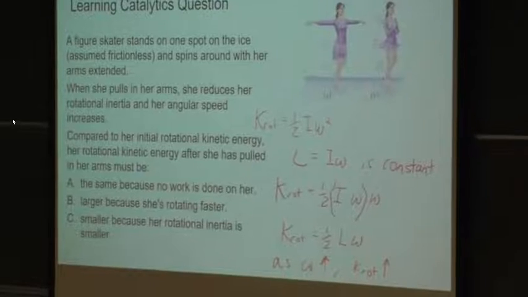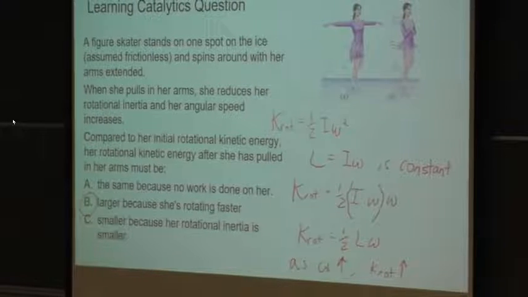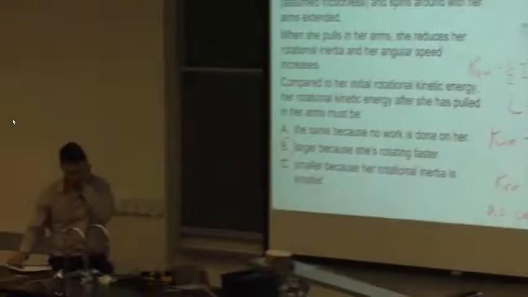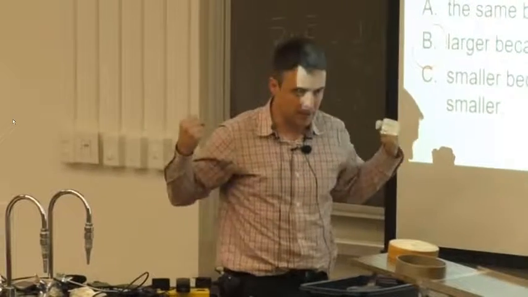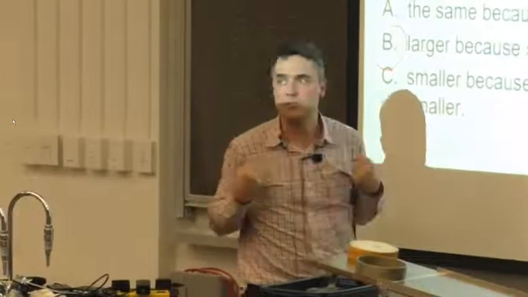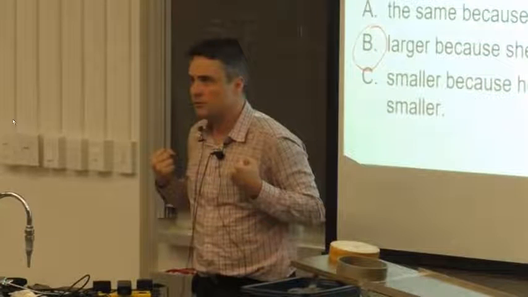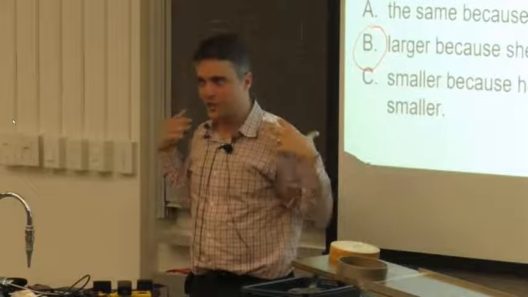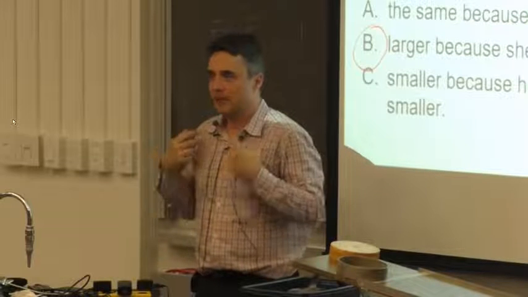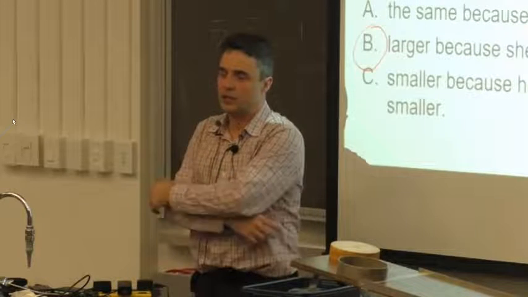Now this is very surprising to me because I don't know what work is done on her, but I think she must be doing work on herself. She's pulling in her arms. That must take energy to pull her arms inwards. And so that energy is coming from the breakfast she ate that morning and being converted into rotational kinetic energy.